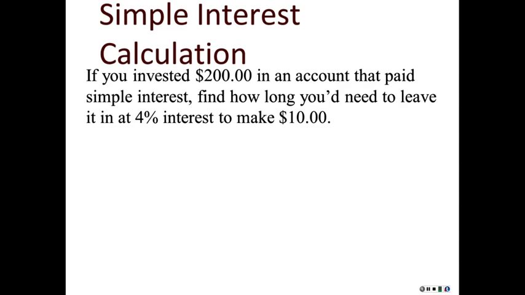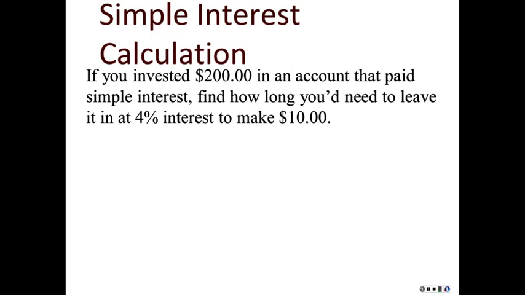Here's another calculation. You guys tell me what I should do here. If you invested $200 in an account that paid simple interest, find how long you need to leave it in at 4% to make $10. What am I missing here? What's missing? Time. The time.